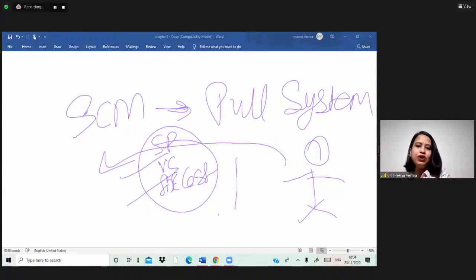On one side I'm considering that I will do the production on the basis of the demand made by the customer, but on the other side I also want to know how many units I should produce or sell to my customer, so that I can recover the variable cost as well as the fixed cost. This is what we have studied in break-even analysis: the units which you can sell in the market in order to recover the variable cost and fixed cost.